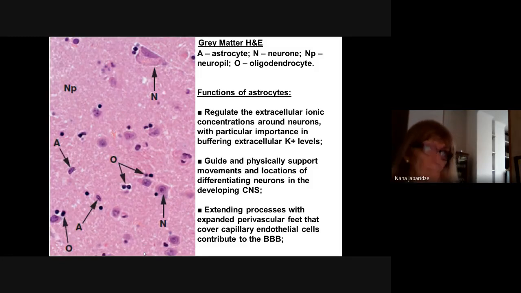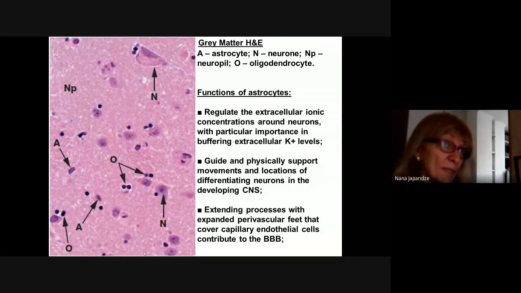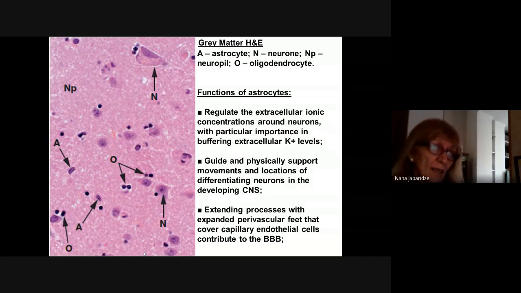So what are the functions? Main functions of astrocytes: regulation of extracellular ionic content around neurons and also around the synapses. This is the most important thing, because they have to regulate the amount of extracellular potassium and ions.